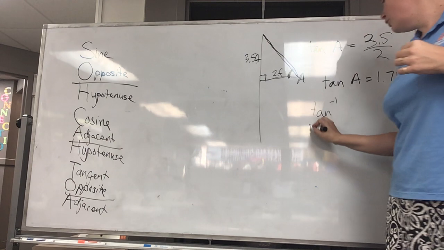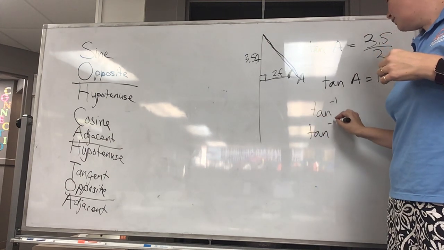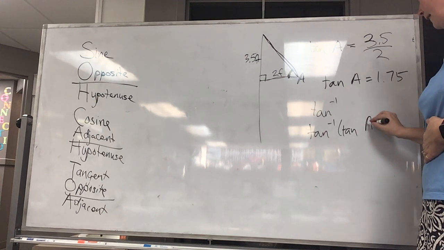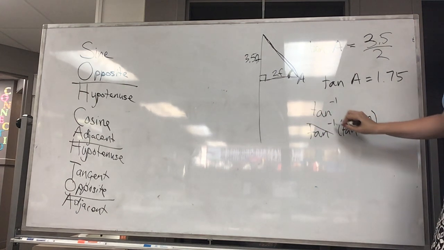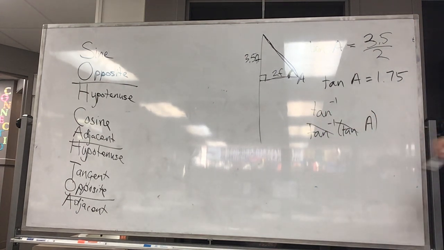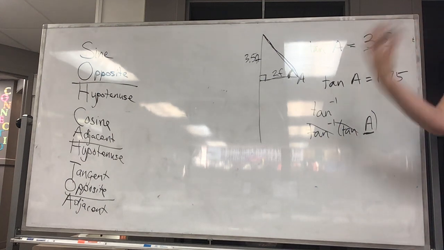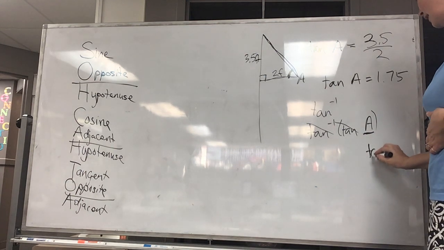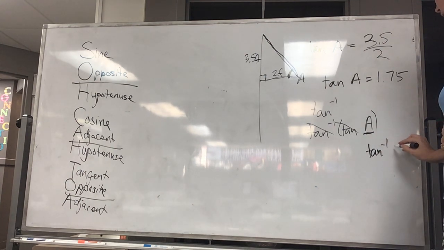If you took the tangent inverse of the tangent of A, the tangent inverse and tangent cancel out, and you're just left with A, our angle. Same thing as solving always. What you do to one side, you must do to the other to keep the balance. So we're also going to take the tangent inverse of our 1.75.